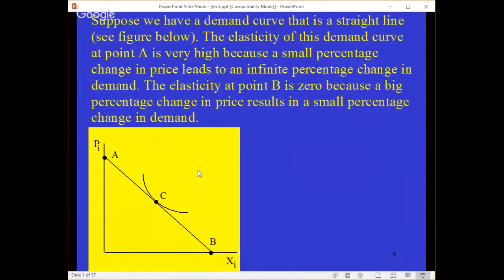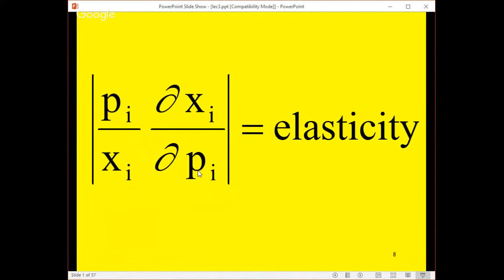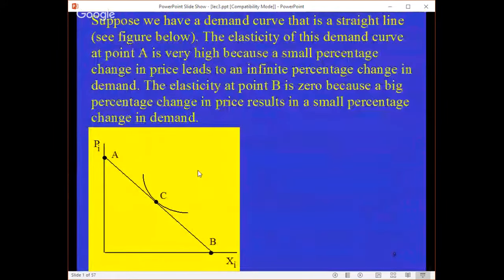Now, in this case, we've gone from general elasticity to elasticity of demand. Oh, and one last thing, I forgot that here, as I told you, this is going to be a negative number. So over here, this is why we take the absolute value of the number. So if I have a linear demand curve, there are some properties of elasticity that apply to a linear demand curve that are interesting.